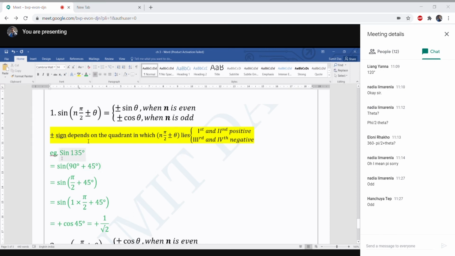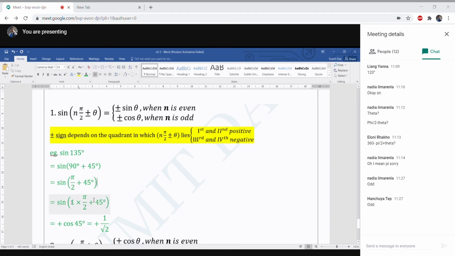I'm looking for sine 135 degree. Whenever you have to find this value, we write it as 90 degree or the nearest multiple of 90. Why am I writing 90 plus 45? Because it is just more than 90, very nearby. Then we write pi by 2 plus the angle value.